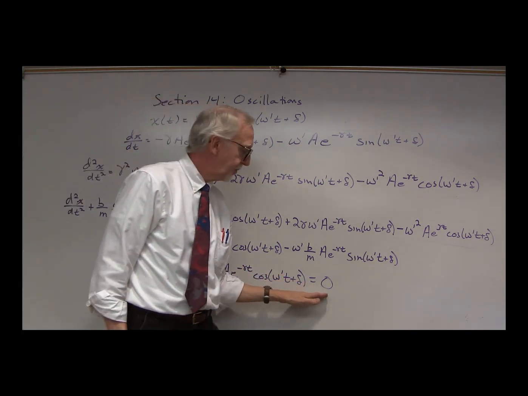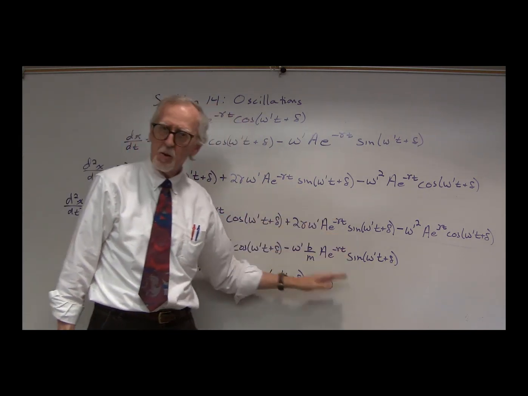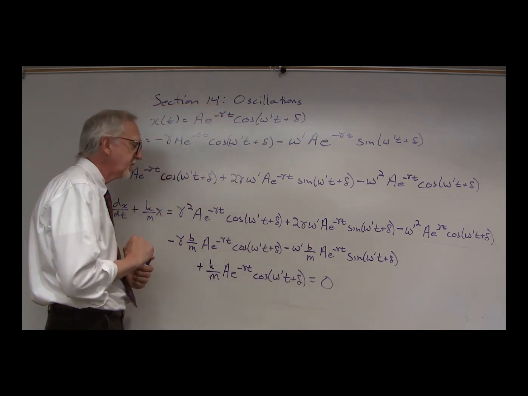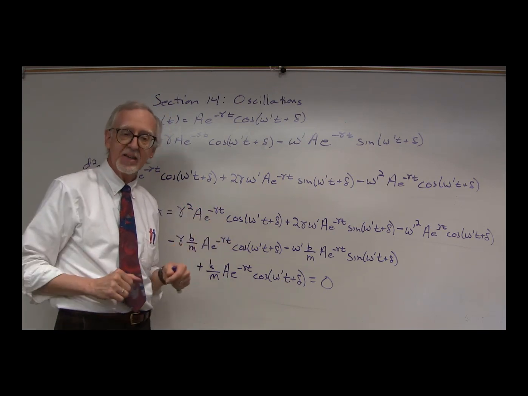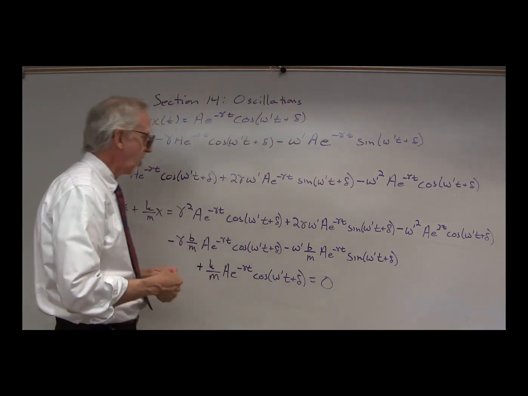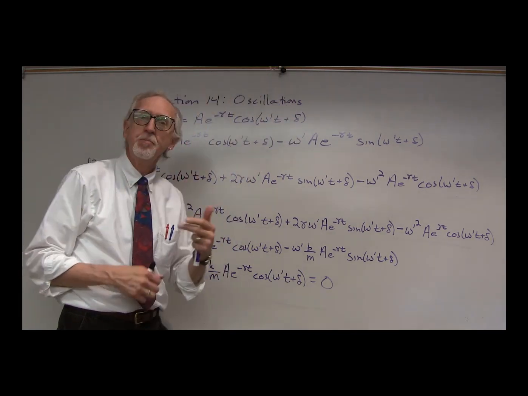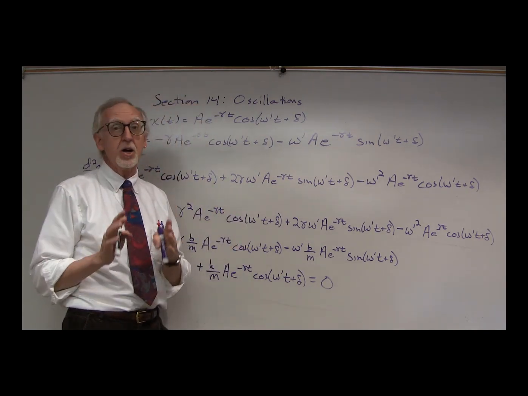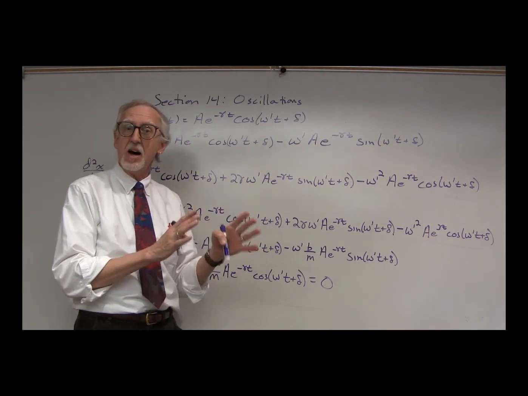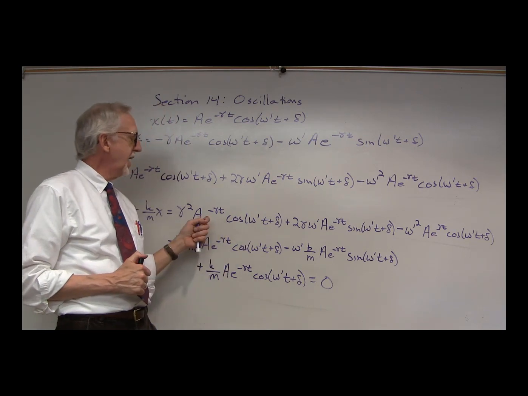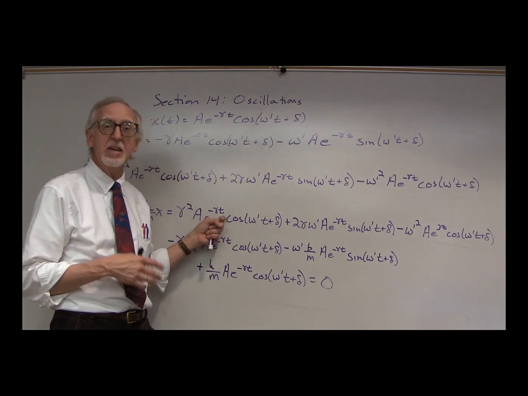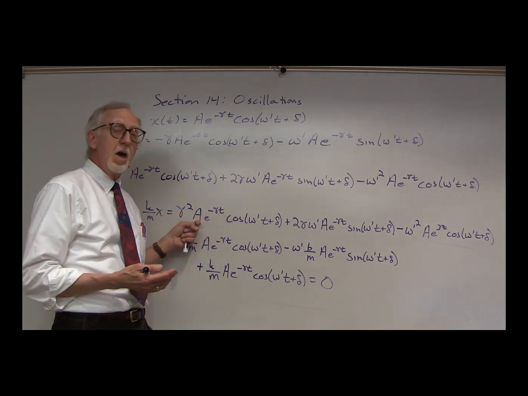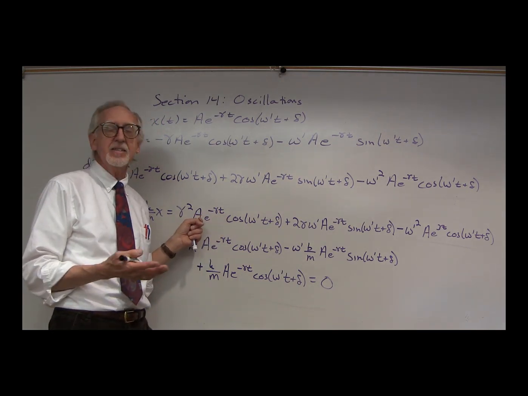Phew, there we go. Now, we need to simplify this. How are we going to do that? First of all, notice that every single term has a factor of A e to the minus gamma t. So we're going to factor off an A e to the minus gamma t. When can we do that? As long as A e to the minus gamma t is not 0. In other words, e to the minus gamma t cannot be 0, as long as A is not equal to 0.